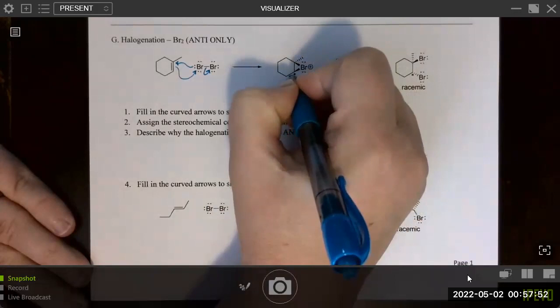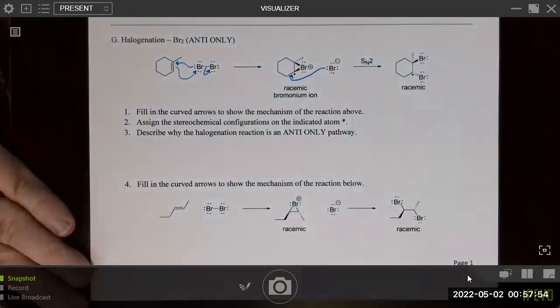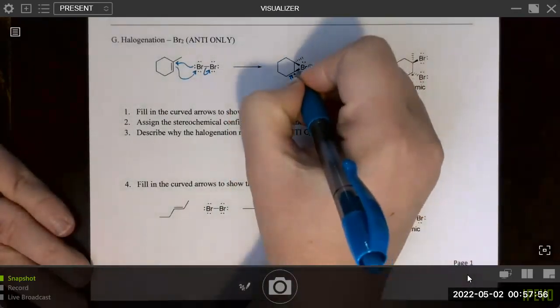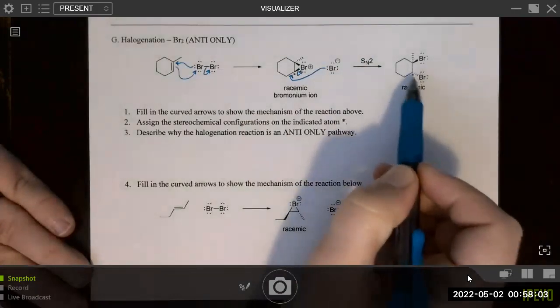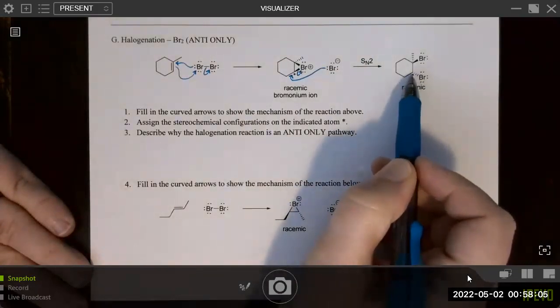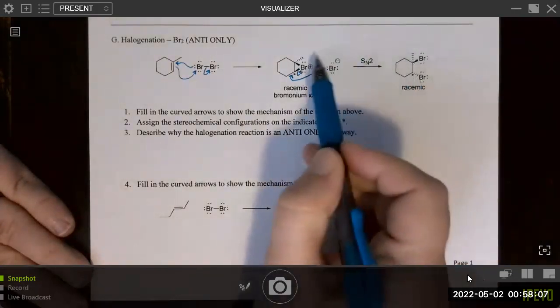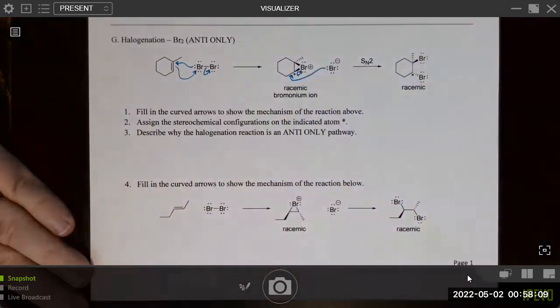So we'll draw in nucleophilic attack and loss of a leaving group arrow. And then we see that inversion process taking place at this starred carbon, but no change in the stereochemistry at the top carbon.